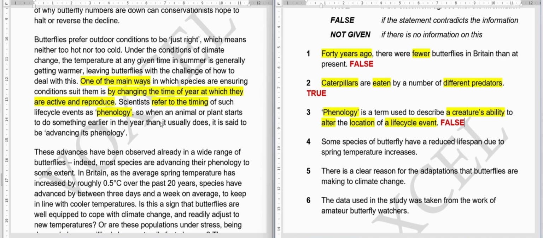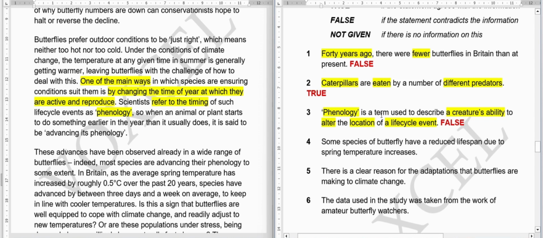But if not, again, I am saying don't worry. I will tell you why the answer is false and not true or not given. We'll go to the question again. Phenology is a term which describes a creature's ability to alter the location of a life cycle event.